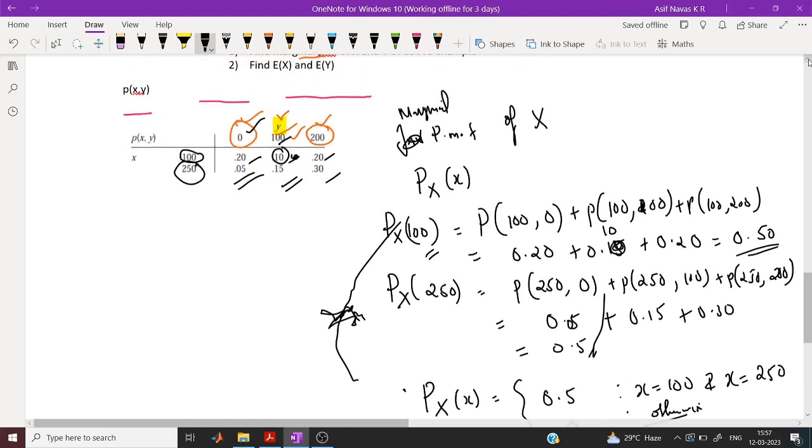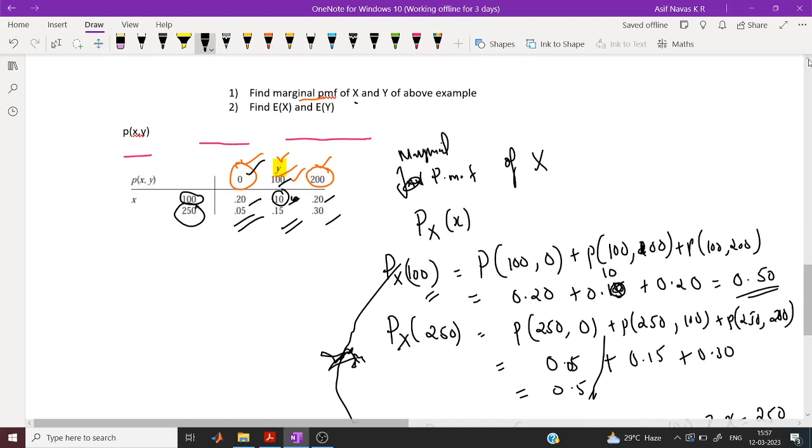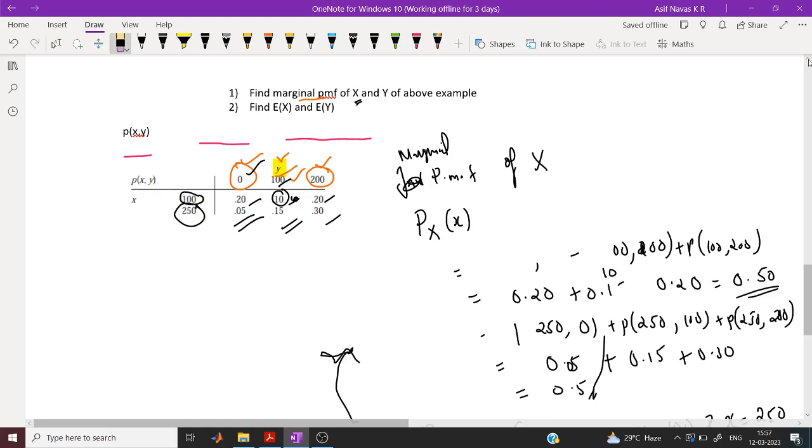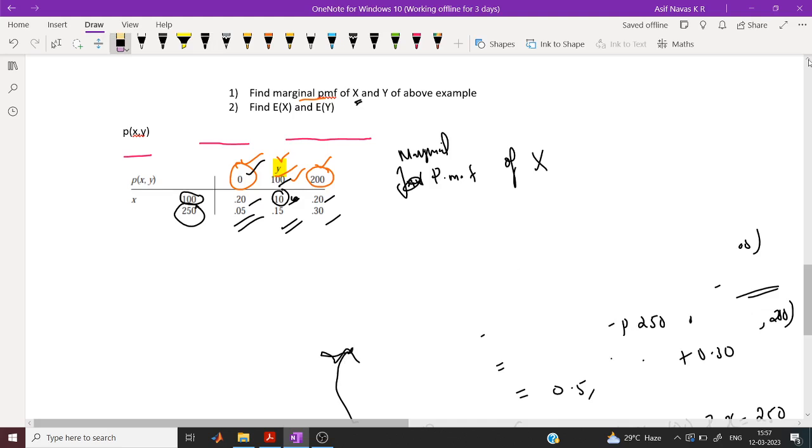Now that we have the marginal PMF of x, you can similarly find the marginal PMF of y. But before that, I will find the expectation of x.